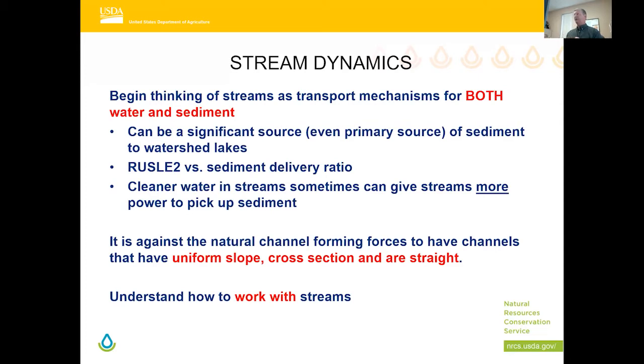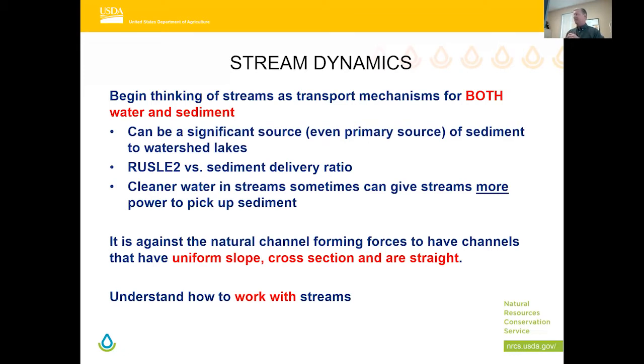Also, another thing we have to convey to landowners is it's against the natural channel forming processes and forces to have channels that have uniform slope, uniform cross section, and are straight. That's not how natural channels form in sedimentary and alluvial soils, and any channel that has a uniform slope, uniform cross section, and is straight either has an extremely low gradient or it won't have that plan form for long.